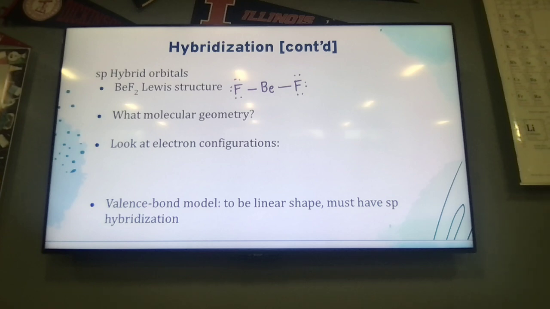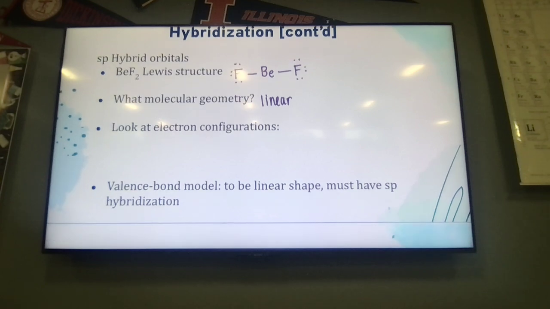What geometry are you if you have two domains and they're both bonds? Linear. Okay? So this is a linear geometry. Okay? So this is what they do. If you look at beryllium, and we look at just its valence electrons, because I don't really care about the non-valence electrons, beryllium is 2s2, and fluorine is 2s2, 2p5.